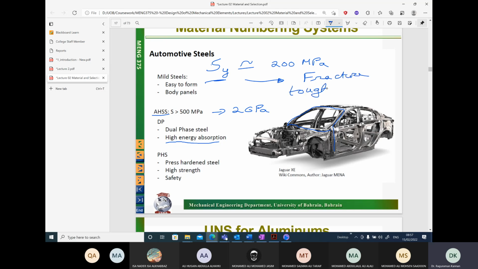What is fracture toughness? You can think of it as the ability of the material to absorb impact energies without breaking into pieces. If you take a ceramic material like glass and drop it on the floor, it will break into pieces. That means the fracture toughness of glass is very low.